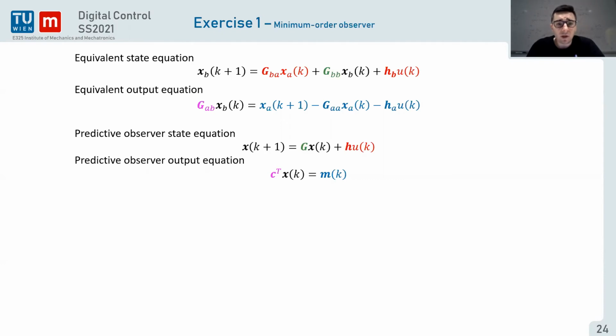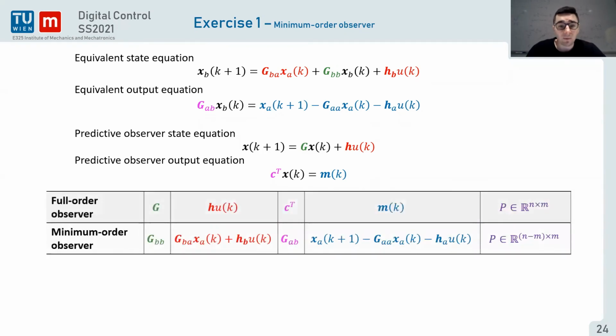And for the output equation, C transpose times x of k is now JAB times xB, which is exactly the same. N is equal to m. m was the measurement. So last time m was theta. And now m is all this thing because xA is measured and u is known. So if we do that, we do not need to derive everything, find where the closed loop poles are or whatever.